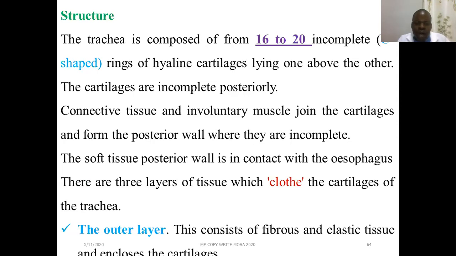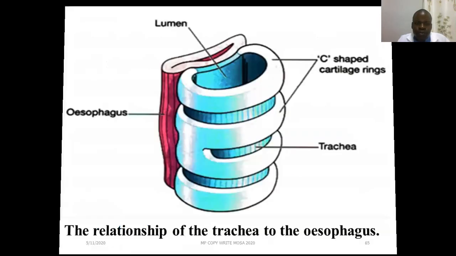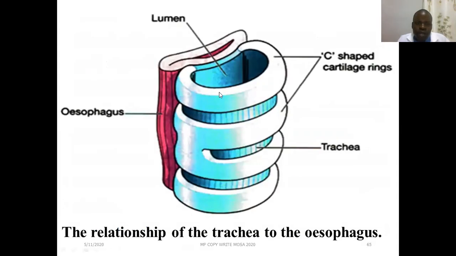So the outer layer encloses the cartilages so that the outside of the trachea becomes strong, so that there is no air that can leak out of it.